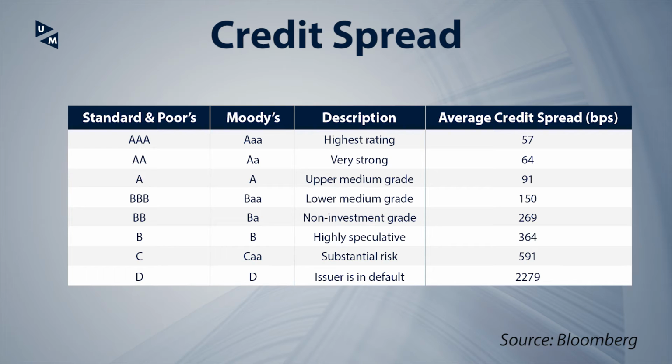The spread says something about the premium on top of the risk-free rate, the safest investment, here being government debt. Here you see two extremes, AAA paper compared to C or D rated paper. You see that the spread over time, on average, increases for the lower quality credit ratings.